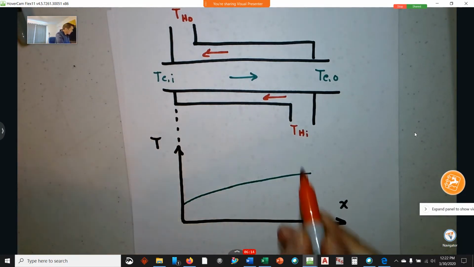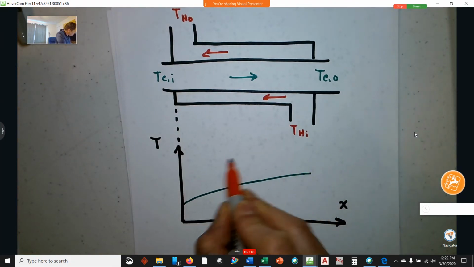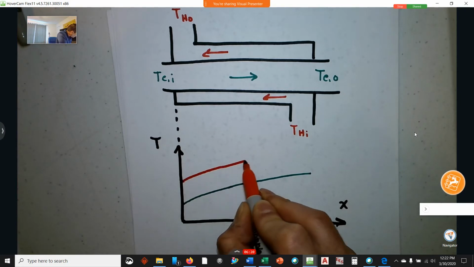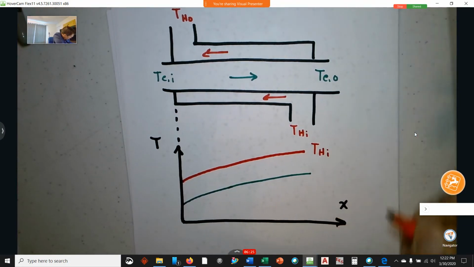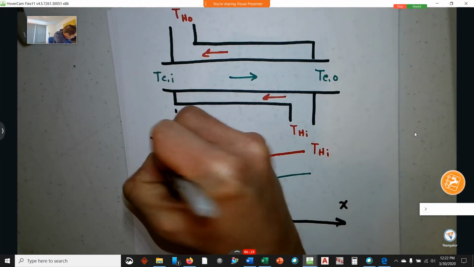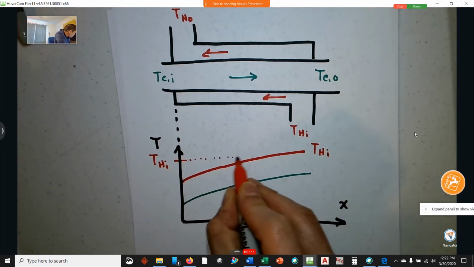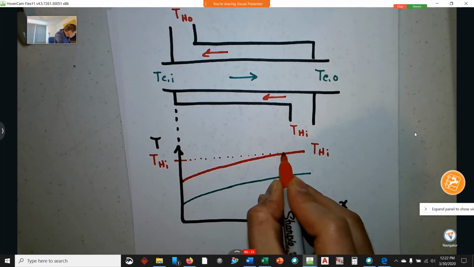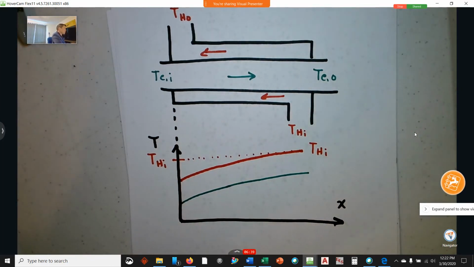But we'll find the hot fluid is over here, and that cools down as we move through the heat exchanger.